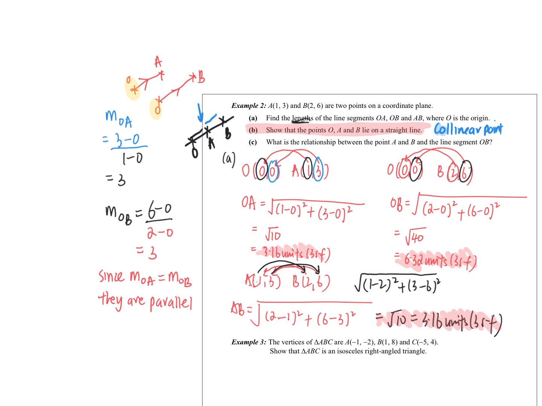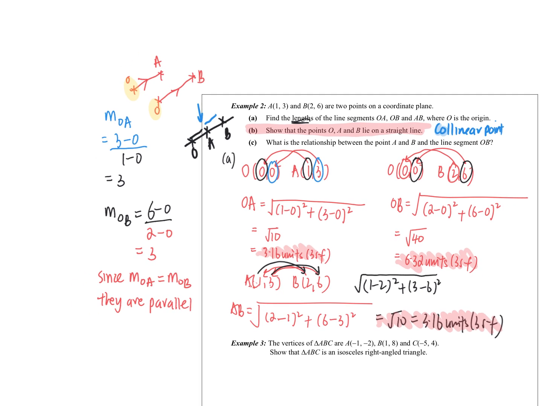So in this case, actually you should have shifted this thing. You should have shifted and it should look something like this. So all 3 points lie on the same line.